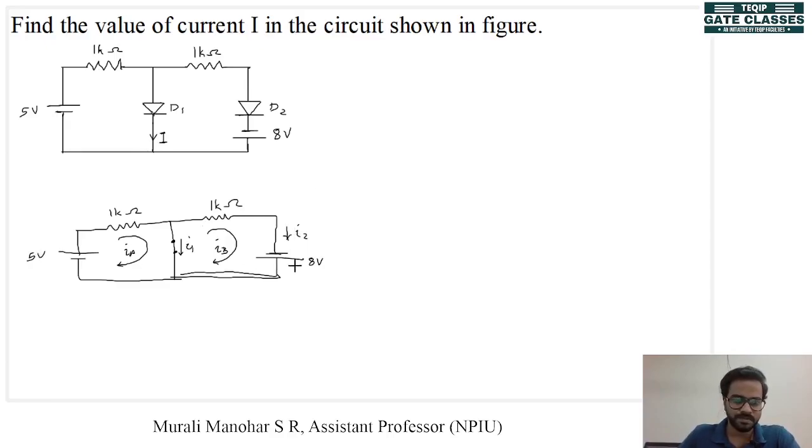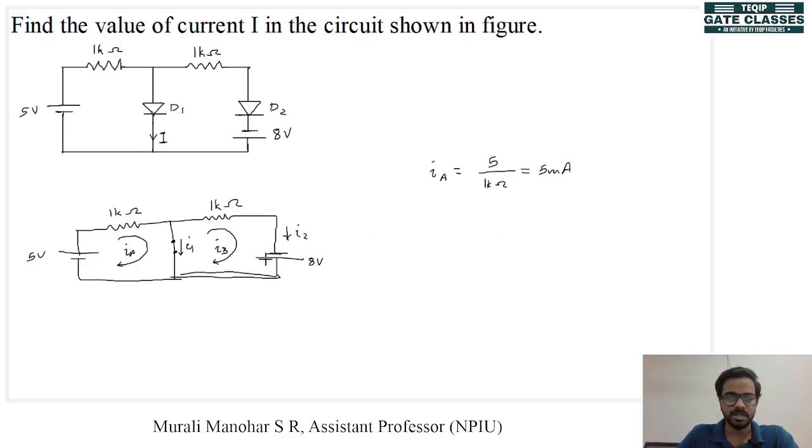Now let's find out the values of IA. In the first mesh, you can see that IA will be equal to 5 divided by 1 kilo ohm, and that is 5 milliampere, right?